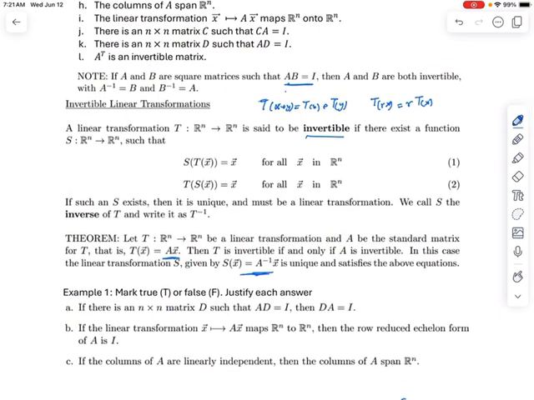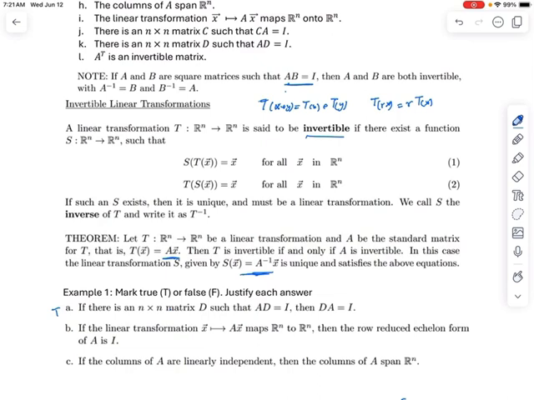First example: mark true or false, just put a T or an F, and justify each answer with a small sentence. First one: if there is an n by n matrix D such that A times D is equal to I, then D times A is equal to I. This is true.